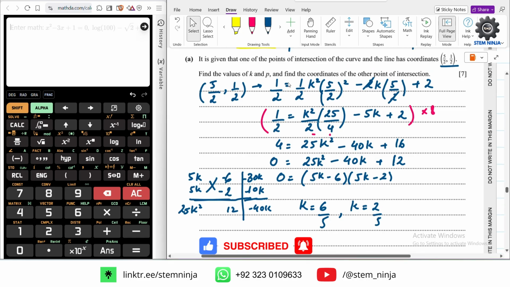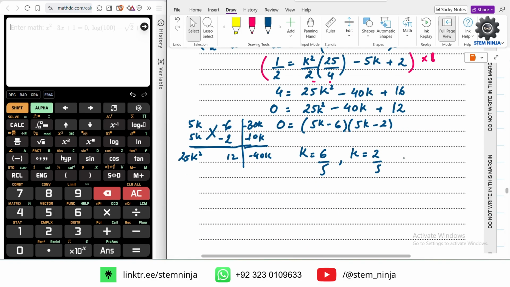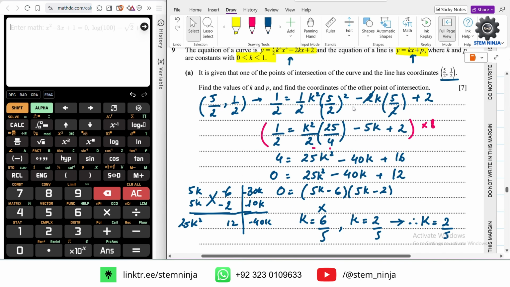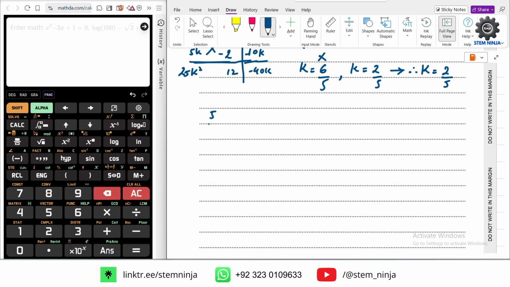They gave us a condition, k between 0 and 1. That means therefore 6 over 5 will be discarded. So therefore k is 2 over 5. Now we need the p. So we plug into y equals kx plus p, the same point, 1 over 2 for y.